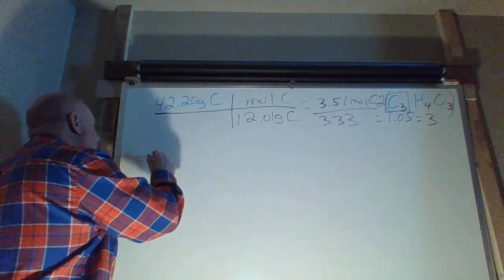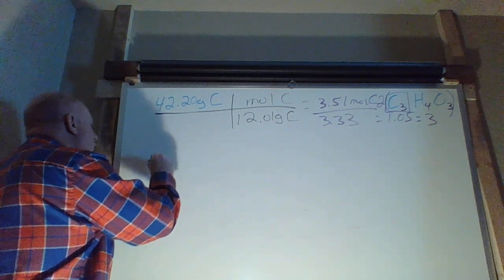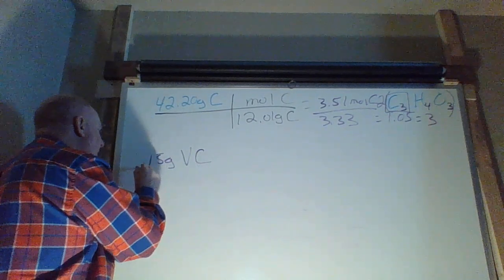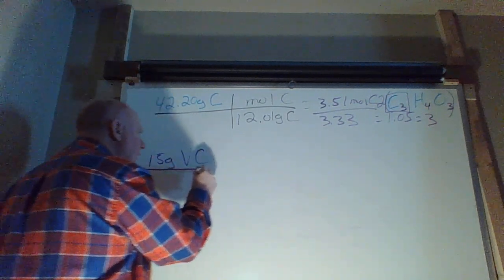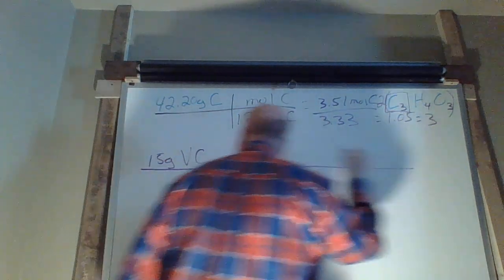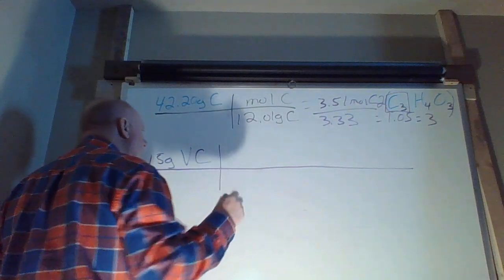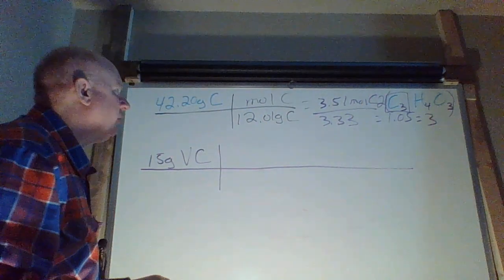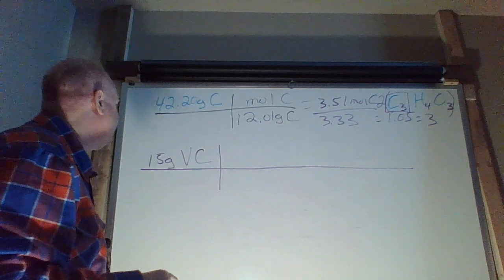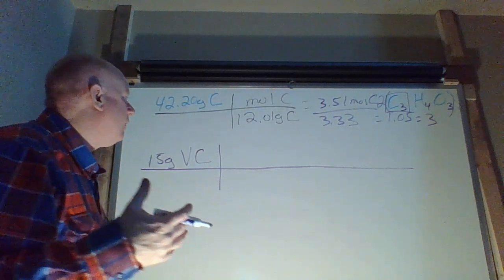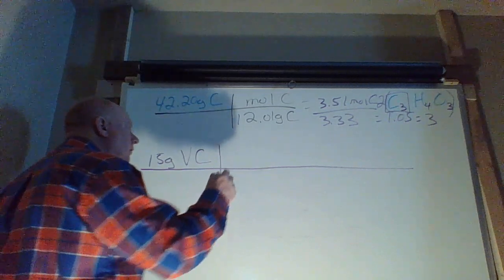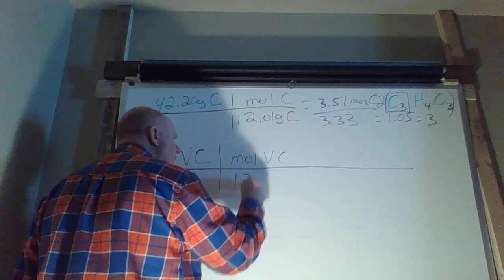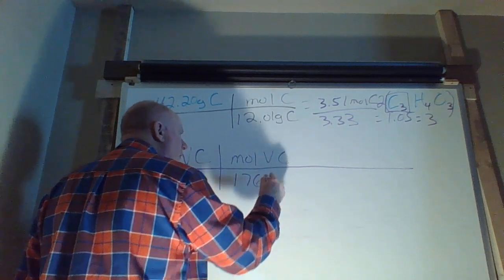So if we had 15 grams of vitamin C, or ascorbic acid, how much of that is carbon? Upon doing this, we would have to have the atomic mass of all of that, which would be 176 because we just did that portion for this compound. So the molar mass of vitamin C is 176 grams per mole.